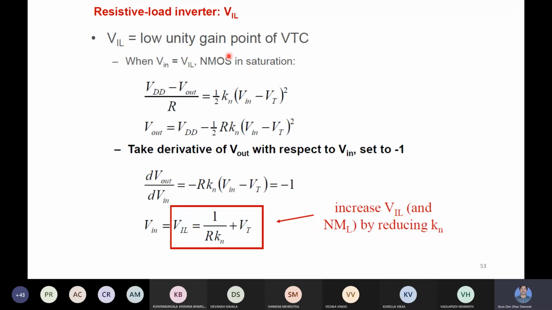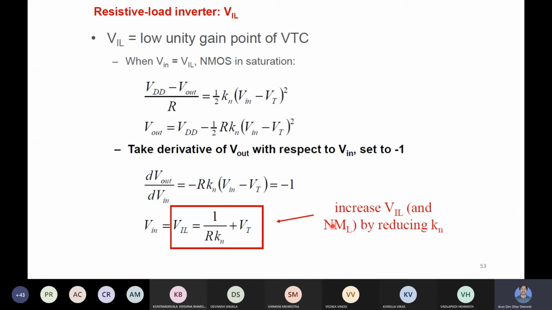So the saturation current, half Kn (Vin minus Vt) whole square, is the NMOS transistor current, and (VDD minus Vout) by R is the load current. So the load current is equal to the NMOS ID. Then equate and solve it, take the derivative dVout by dVin and put it equal to -1. Then solving further, you get this.